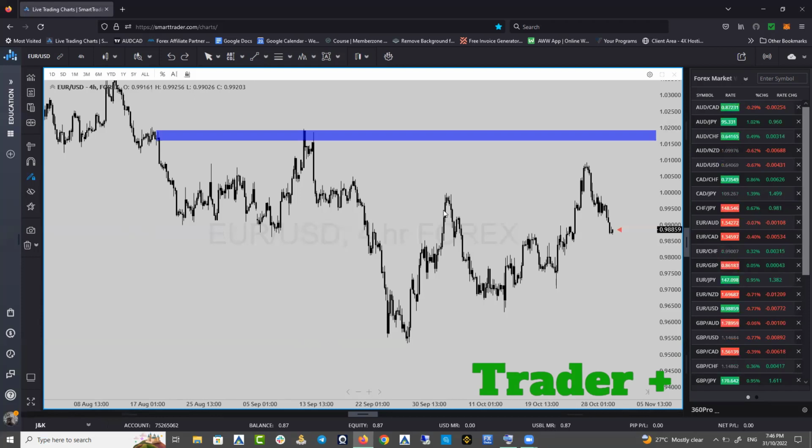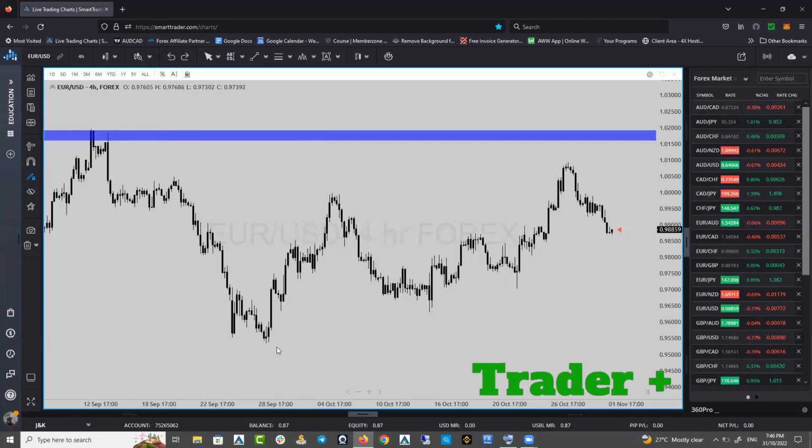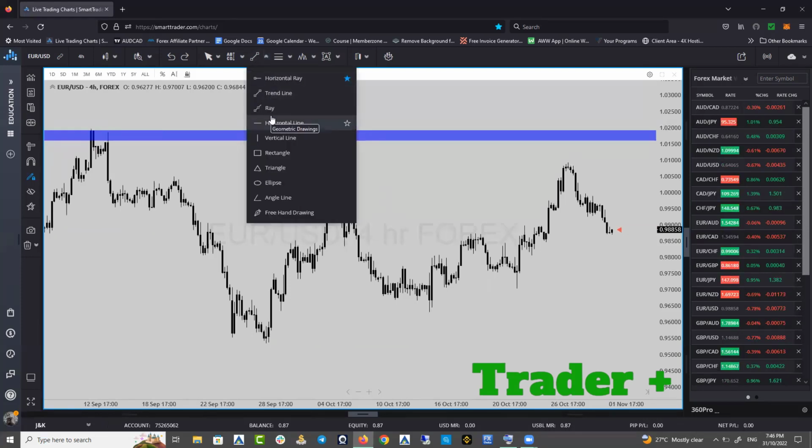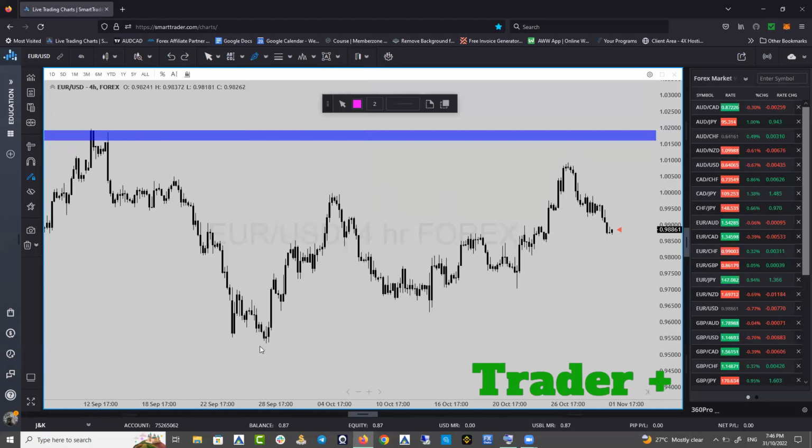So remember, everybody uses a lot of tools differently, right? I've seen people, for instance, this in front of us here, just this move here, from this low here to this high here.